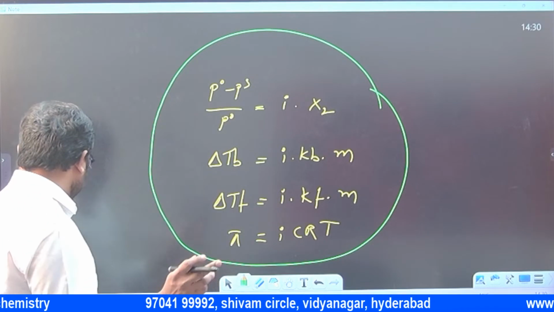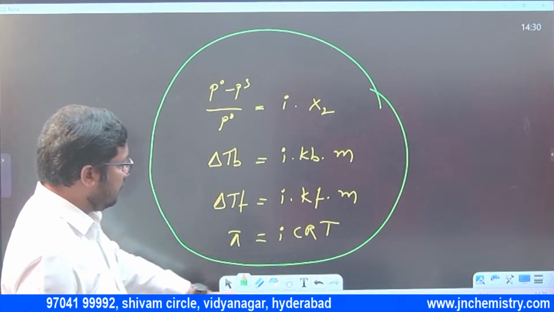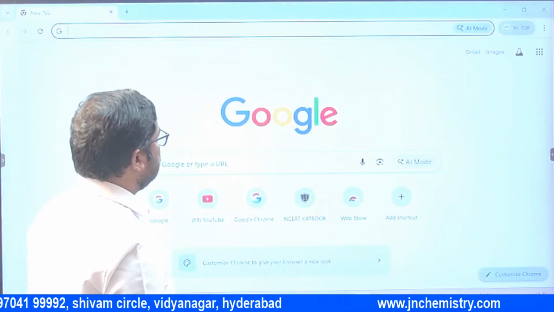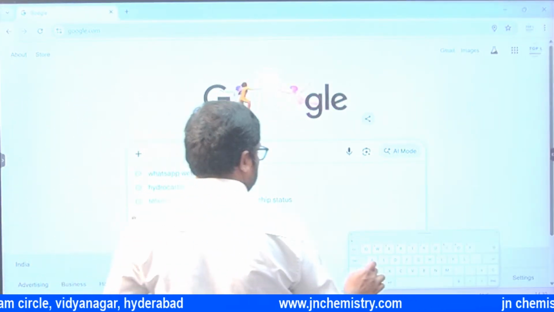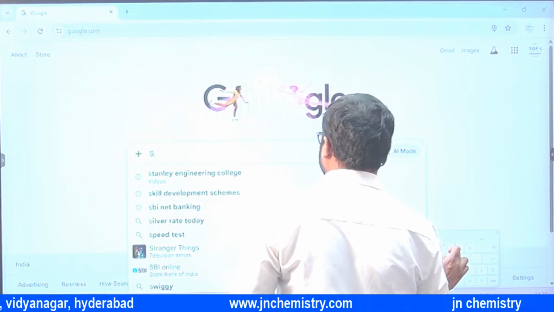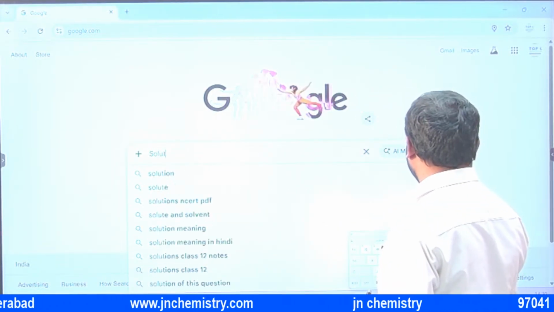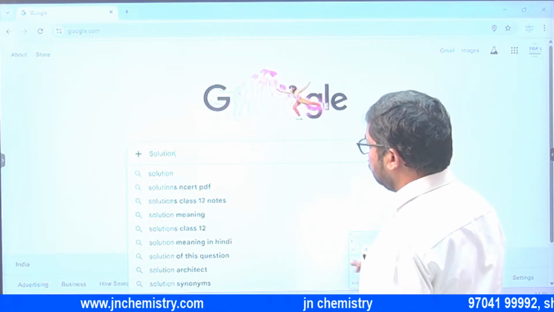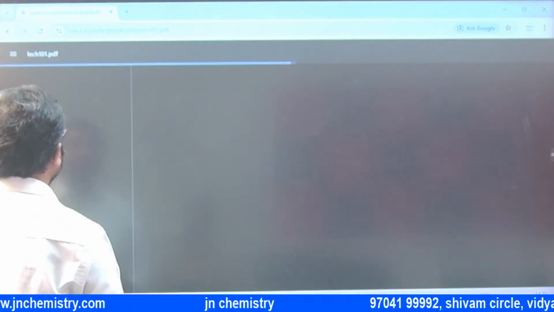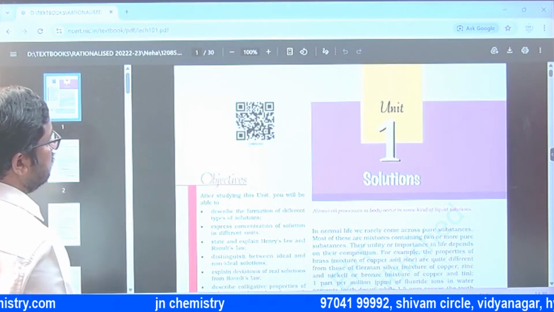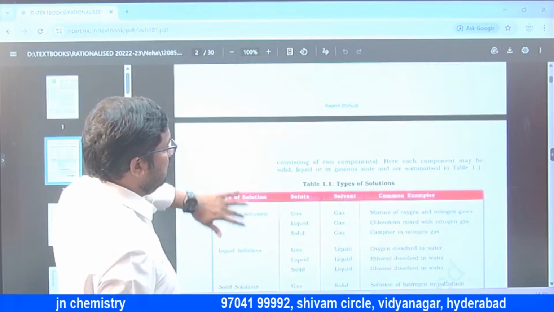For example, I will show you a couple of questions from NCERT. For example, solutions, directly.